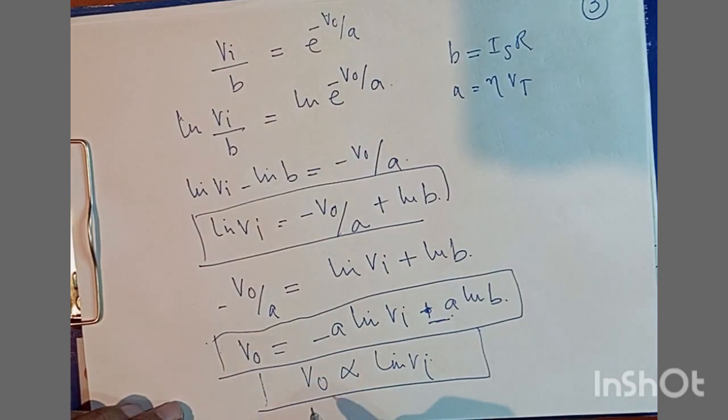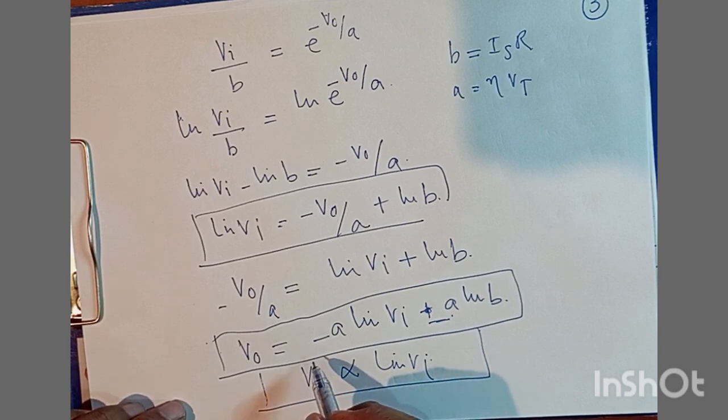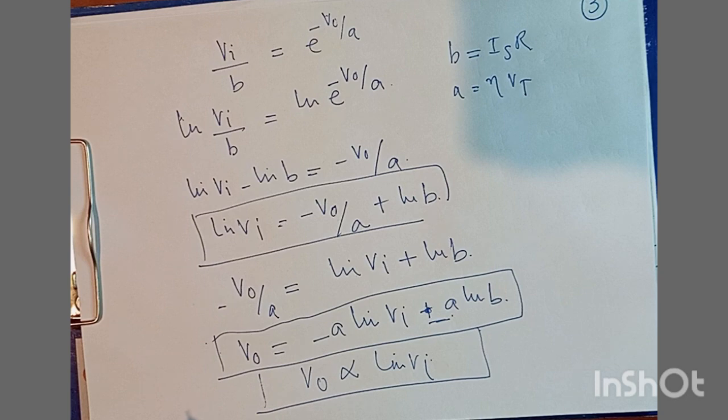So we are able to see that the output that we obtain from this operational amplifier is directly proportional to the log of the input signal. This is how we can make use of an operational amplifier to measure the log of the input that's given to the operational amplifier.